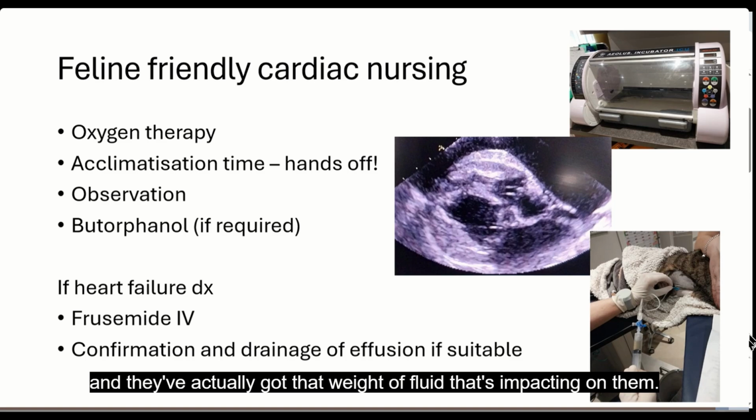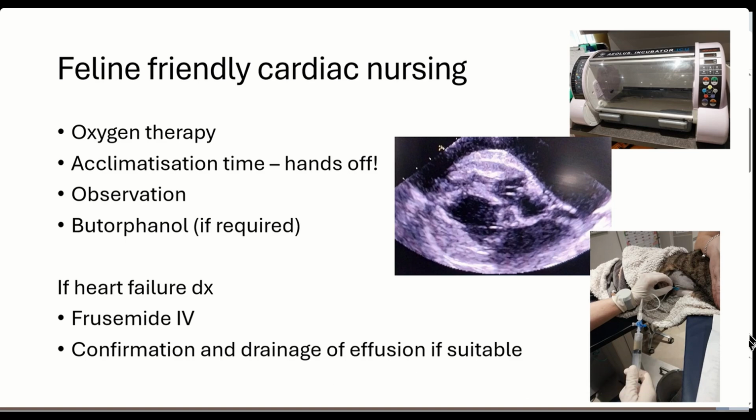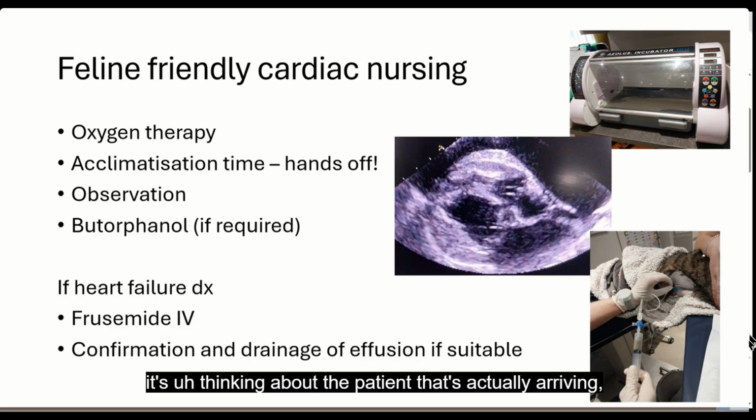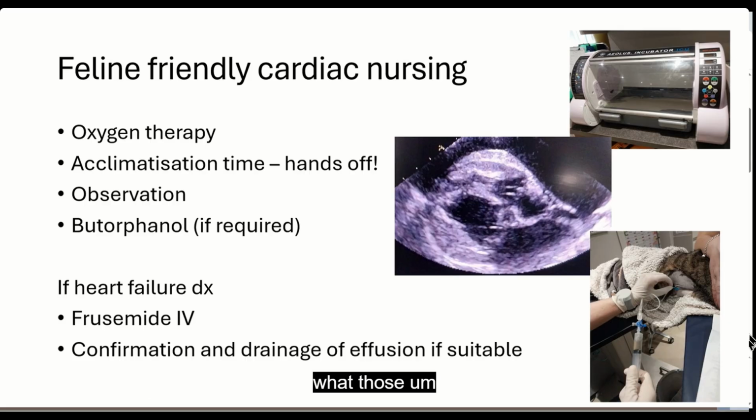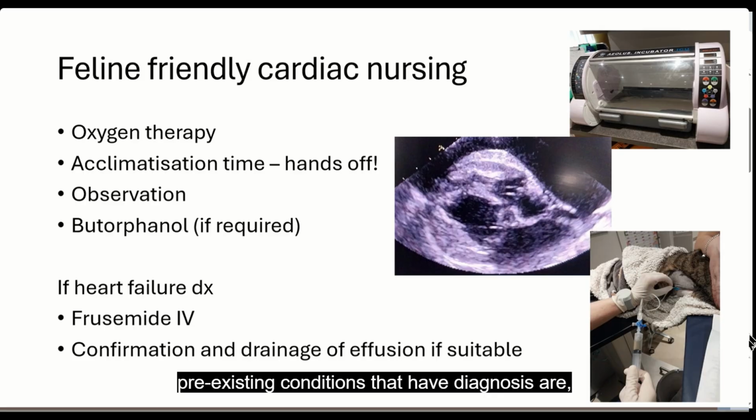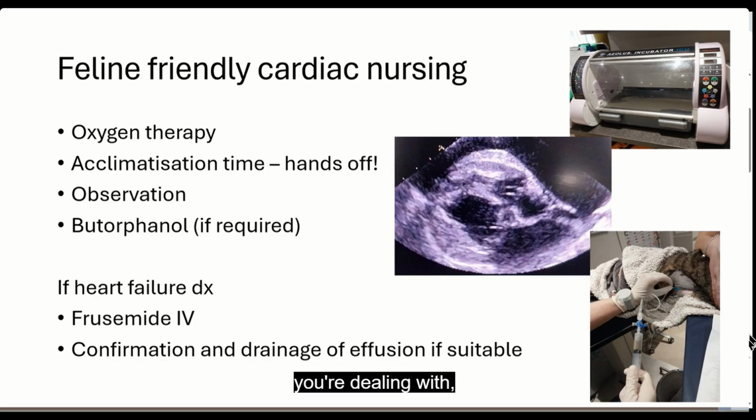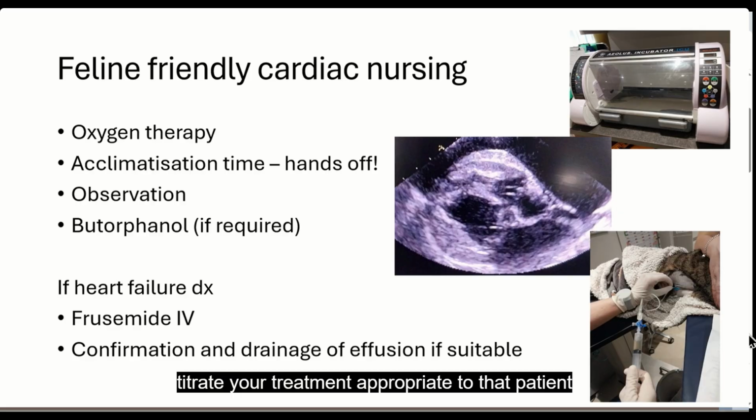So again, it's thinking about the patient that's arriving, what the pre-existing diagnosed conditions are, what stage of heart disease you're dealing with, and then being able to titrate your treatment appropriately, and utilize that acclimatization time and anxiolytic medication with butorphanol to make an impact for that patient.